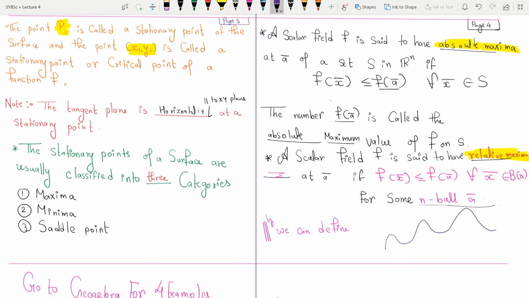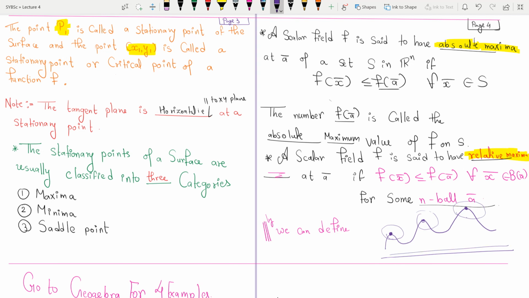This point can be said to be a relative maxima because in its neighborhood I can see it is a maximum value, but for the entire graph this is not the maximum value, correct? So this is nothing but a relative maxima. Again, this is a relative maxima because in the neighborhood it is maximum, but not for the entire graph.